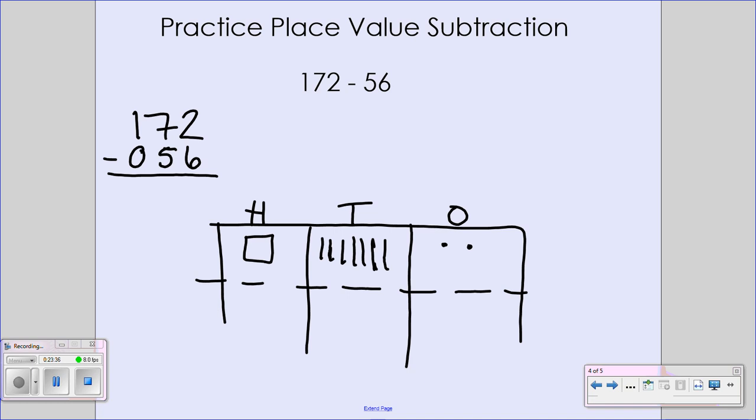I'm not putting any hundreds. How many tens are in 56? 5, good. And how many ones are in 56, Damien? 6, good.